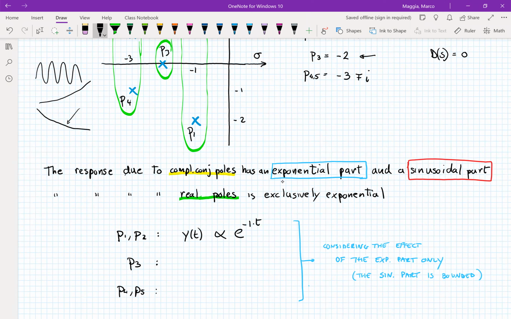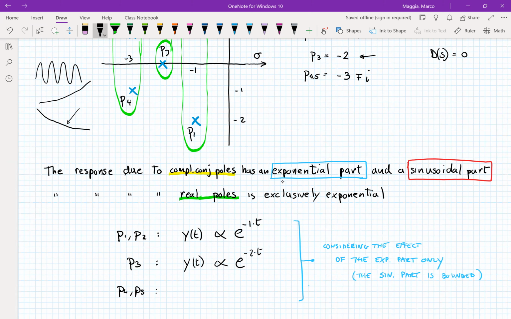Then for P3, the contribution to the response is proportional to e to the power of its real part, which is -2 times t.